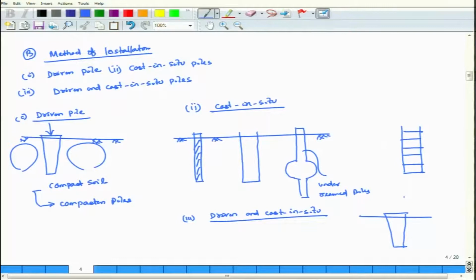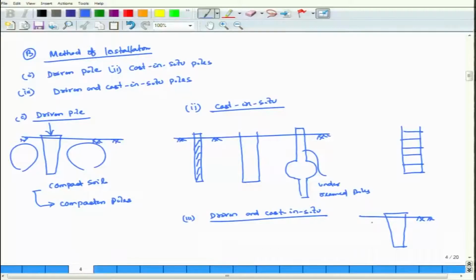This pile has been casted completely in the ground, in situ, in the field, completely casted. Taking caging and making the false ceiling, the pile has been casted. Then it has been driven. So, that is why it is called driven and cast in situ.